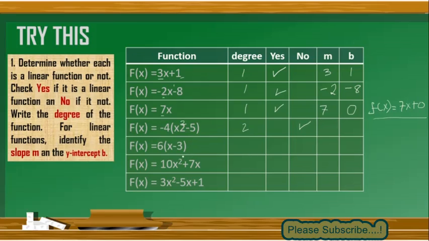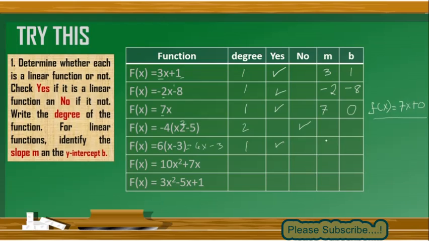How about this one? F of x equals the quantity x minus 3. If we simplify this one, that is equal to 6x minus 3. Okay. In that case, the degree of our function is still 1. Then it is a function. Then what is our slope?